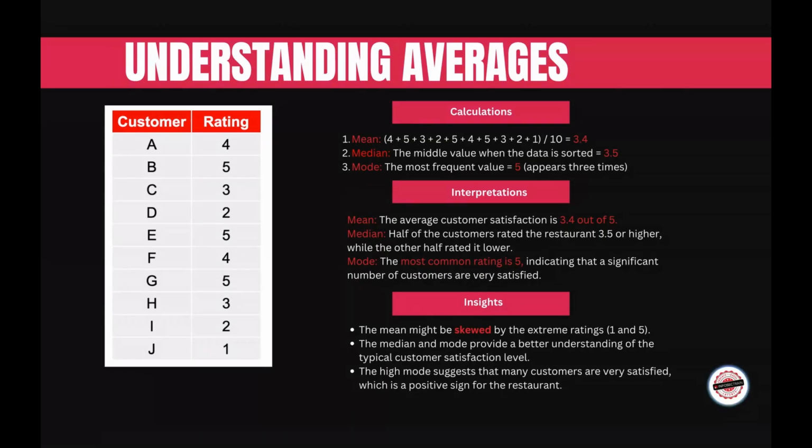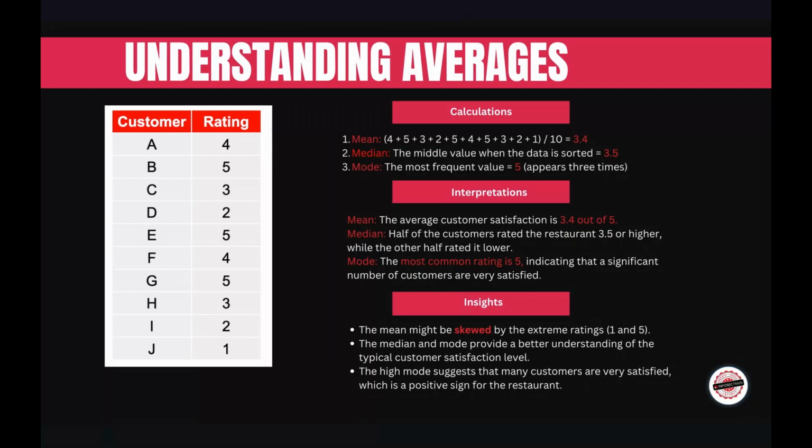Well, the mean is the average. You just did simple averaging, and you got 3.4. The median says that half of the customers are below 3.5 and the rest of them are above 3.5. We don't know how many of them are, but yes, we know the middle line is 3.5. Now, the most common rating is 5.